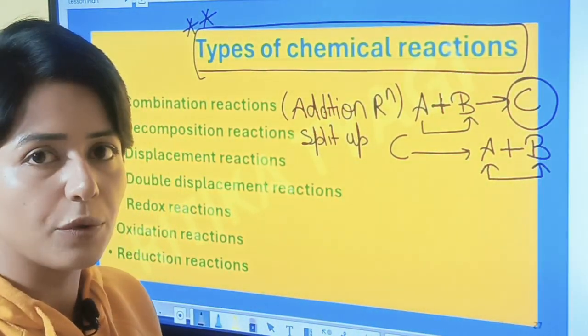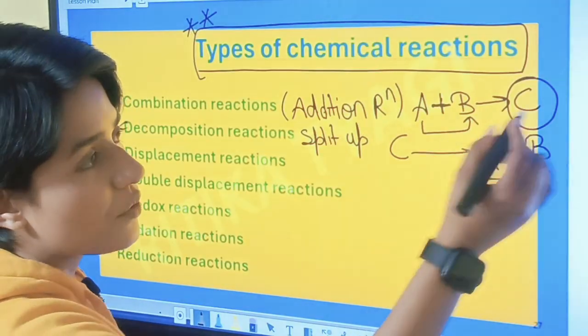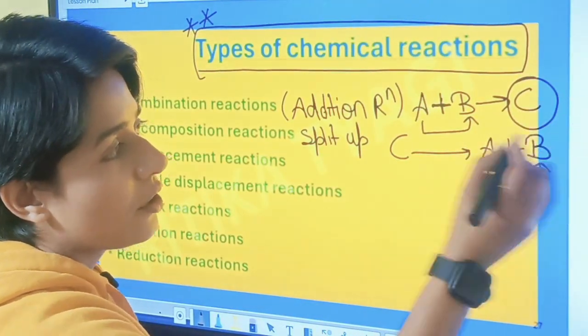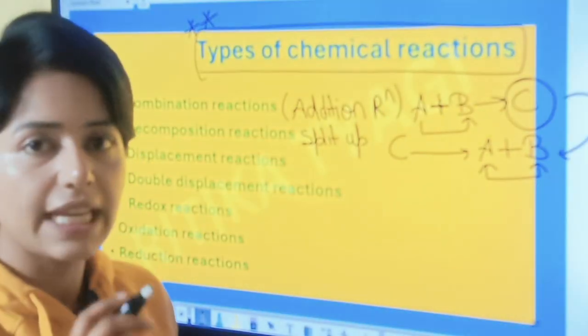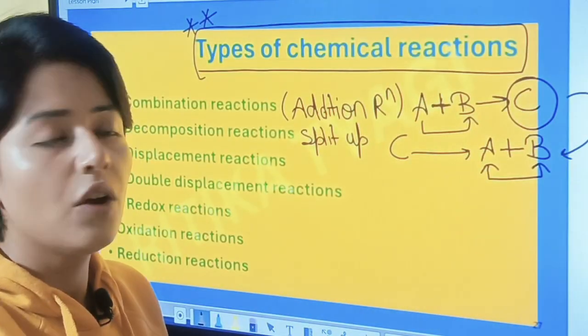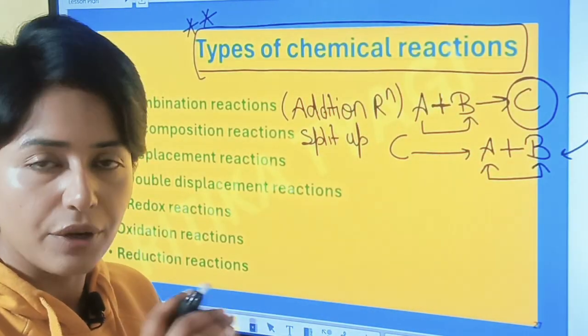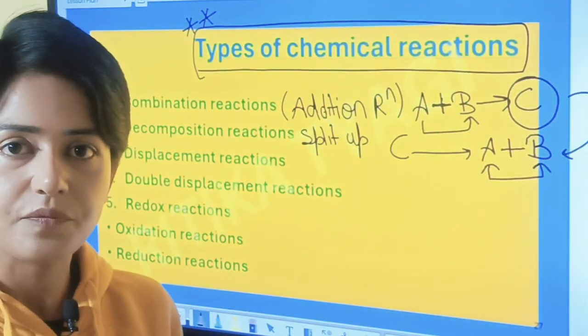Not necessarily only 2 products, more than 2 products are also possible. In addition, 2 or more reactants combine to form a single product, but in decomposition a single reactant decomposes or splits up to form 2 or more simple products. So these 2 reactions are exactly opposite to each other.